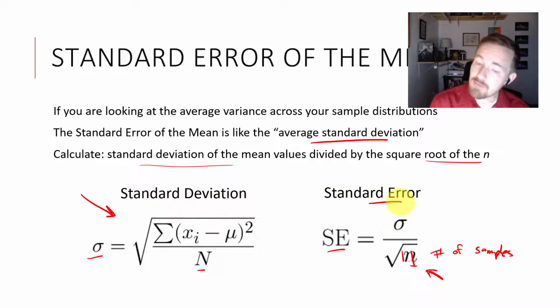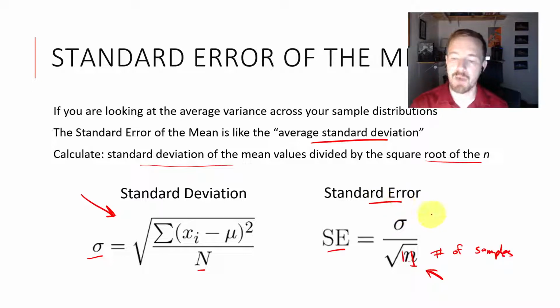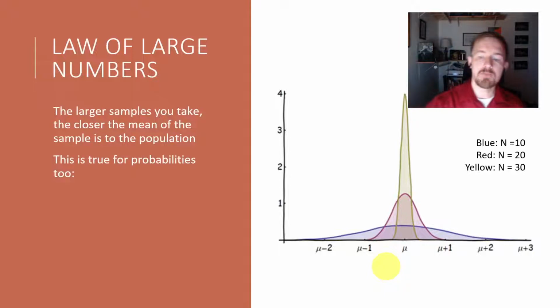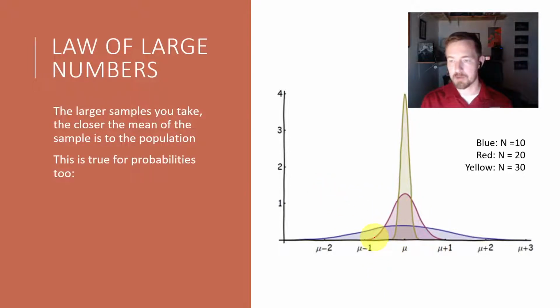So the standard error, again, think of that as a way to approximate and estimate where the actual average standard deviation is whenever you account for how many times you have sampled from that population. You may remember that I showed you a figure that looked a little bit like this back in Chapter 3 when we were talking about dispersion.